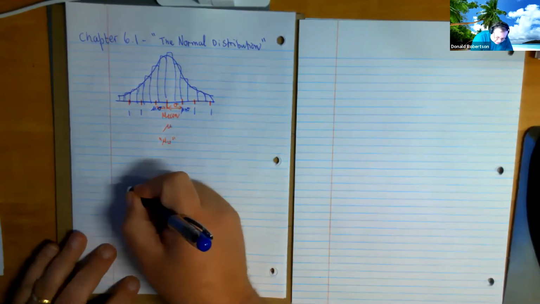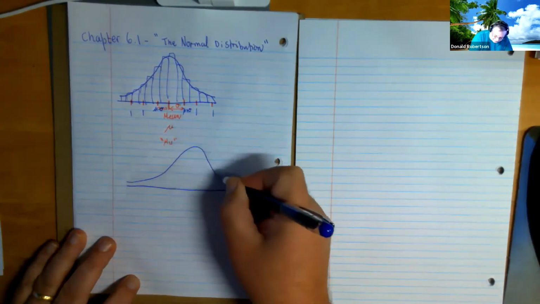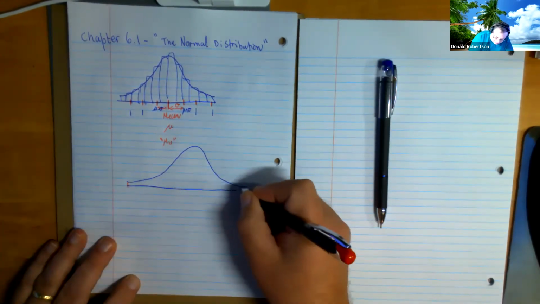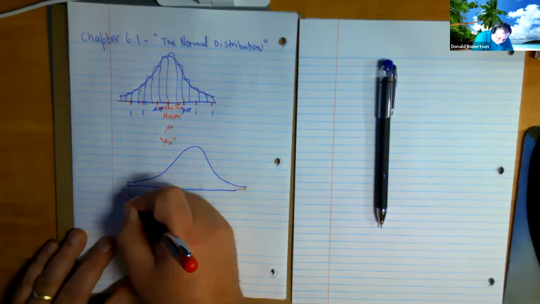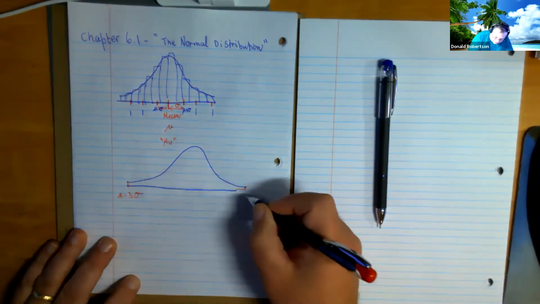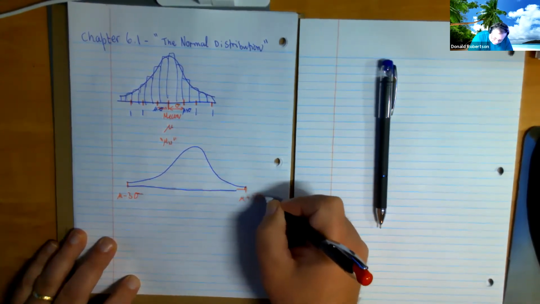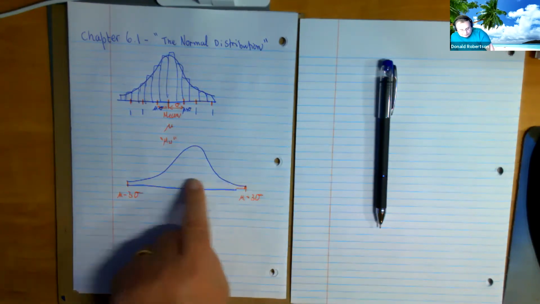So I'm going to do a clean version without all those rectangles on it now. The typical normal distribution, from start to finish, 99.7% of the data is always in that range.